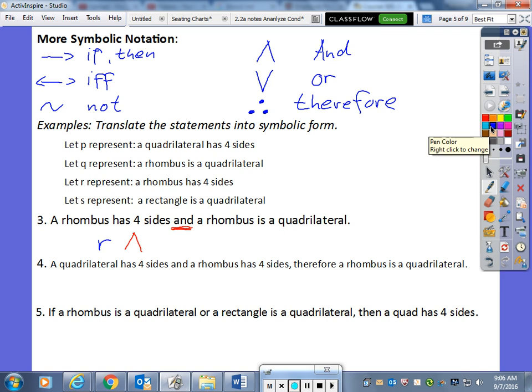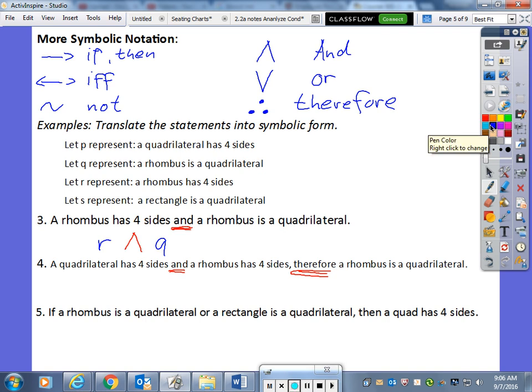It's represented by the letter Q. A quadrilateral has 4 sides and a rhombus has 4 sides. Therefore, a rhombus is a quadrilateral. So now we already are connecting several statements together.